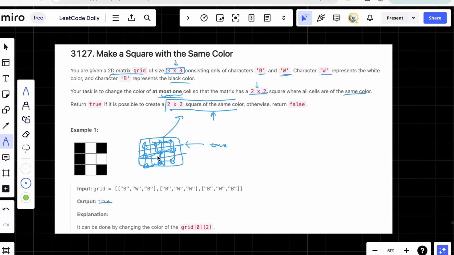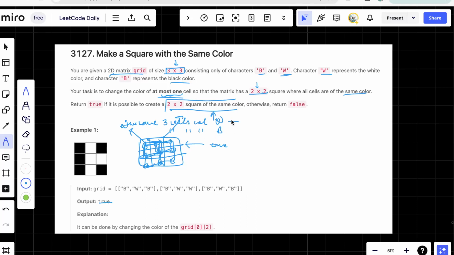Now the possibility is that among these, if I target one 2 cross 2 grid here, I can either have three cells colored white, or I can have three cells colored black, right?